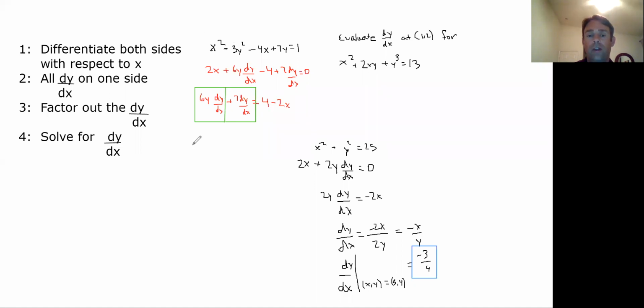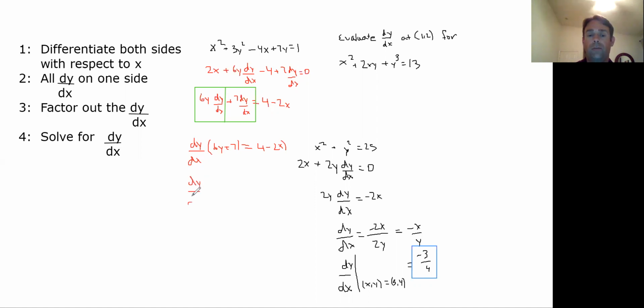So we're going to factor out that dy/dx, and we'd be left with 6y plus 7 equals 4 minus 2x. And then to solve for dy/dx, we're always going to end up dividing out whatever's next to it. So the 6y plus 7 goes away.